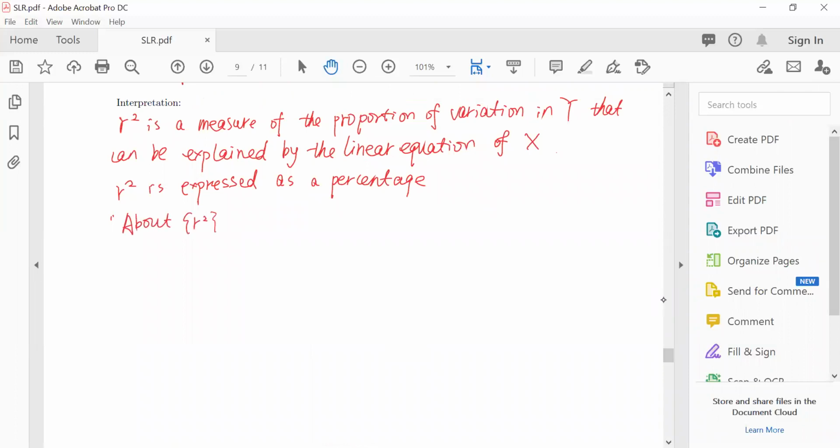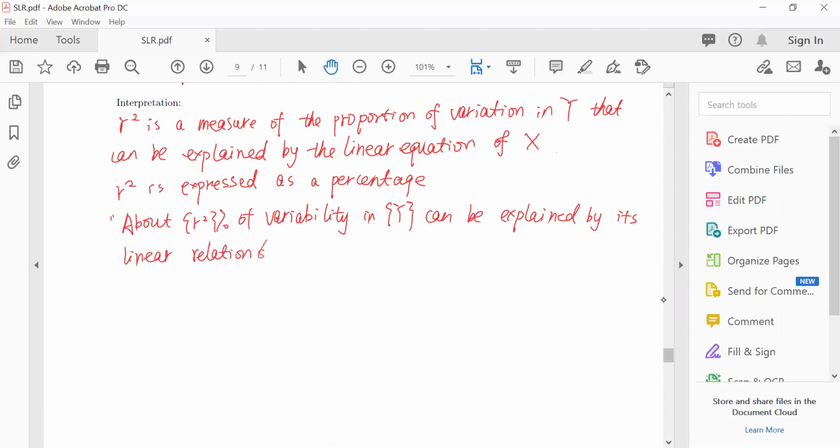So the interpretation would be: about r squared percent of the variability in y can be explained by its linear relationship with x.